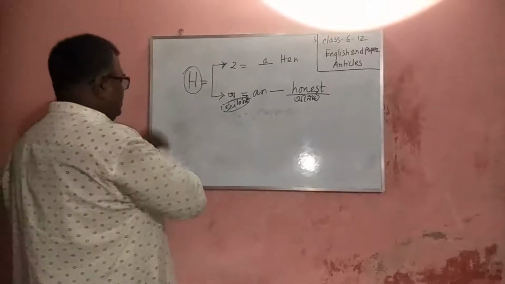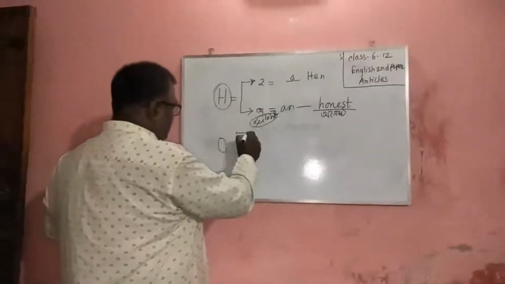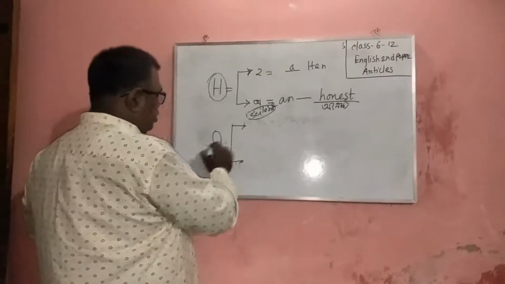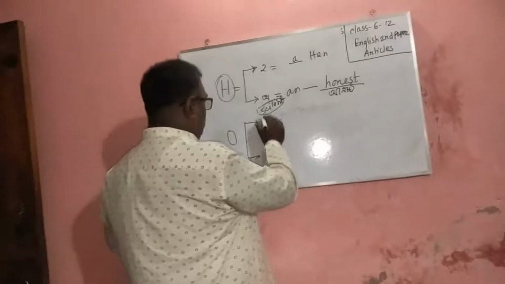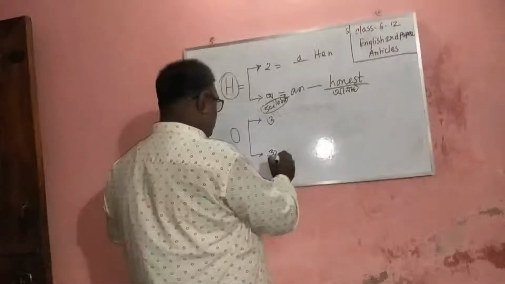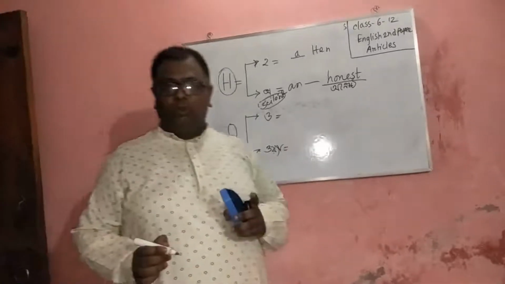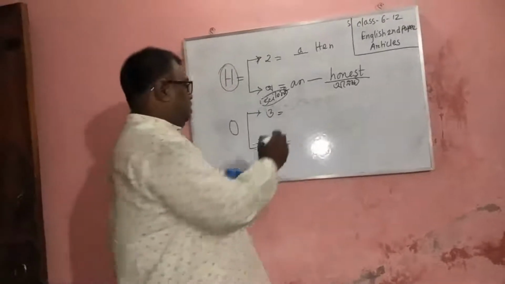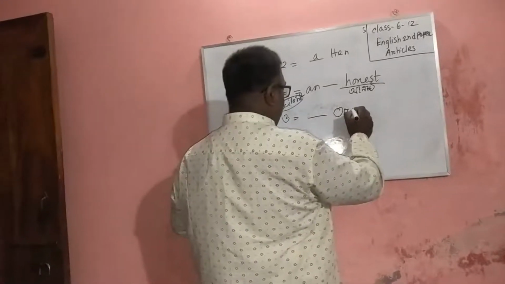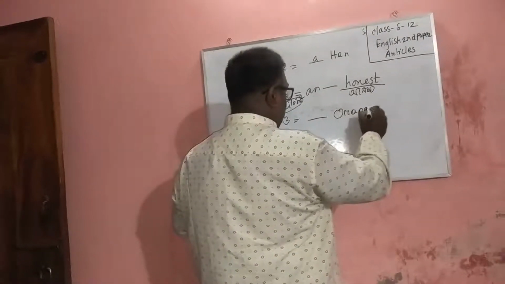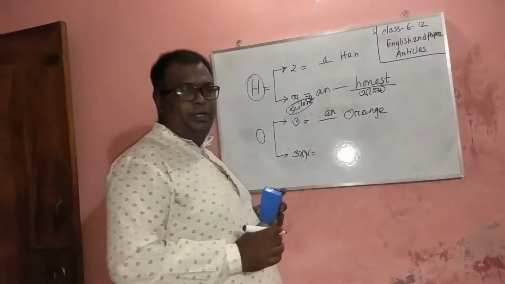The next letter is O. See here, O is also used in two ways, o and wa. If the letter O is pronounced like orange, you can put an here.